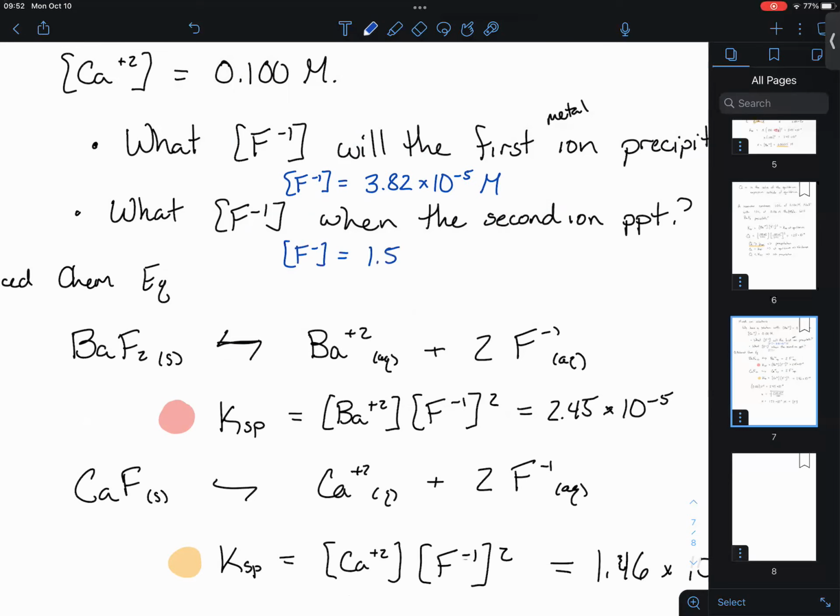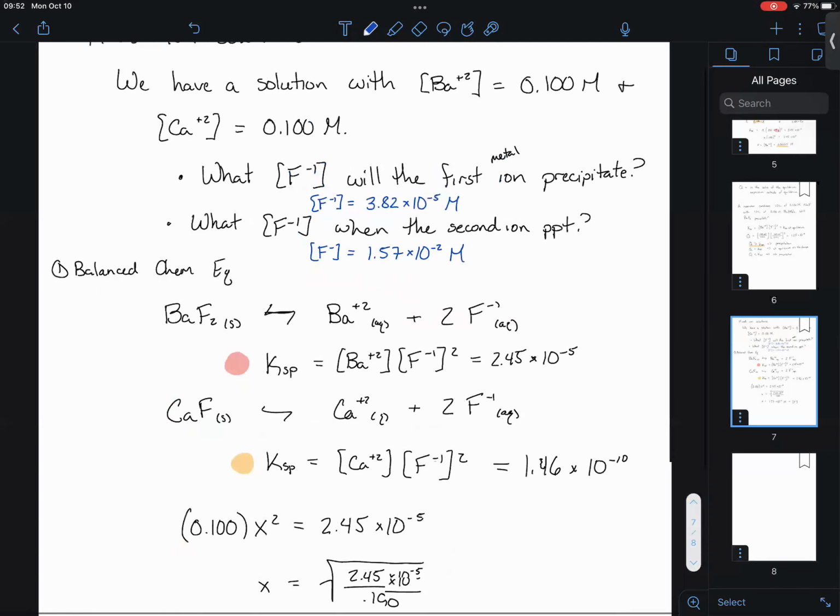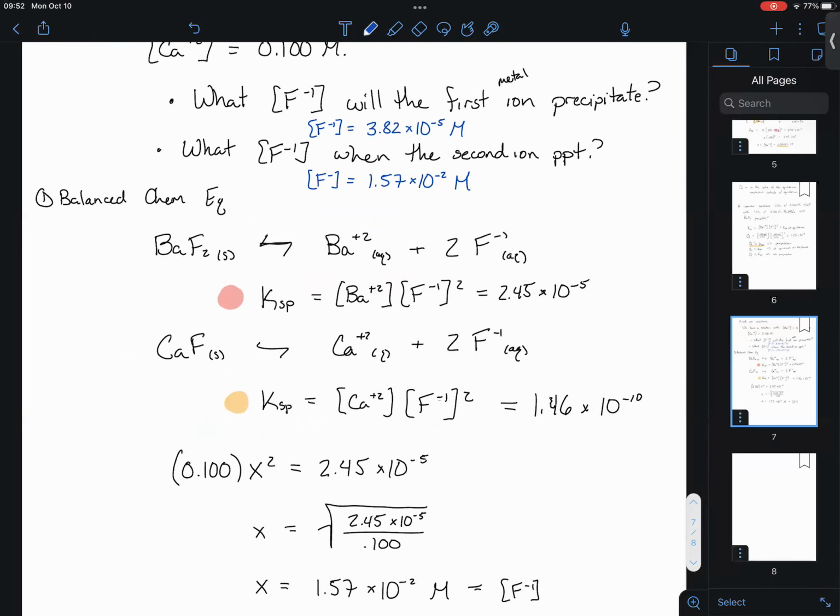Now it's much higher at 5.7 times 10 to the negative 2 molar, right? I had to get to a much higher fluoride concentration to start precipitating the barium fluoride because the Ksp was much larger.